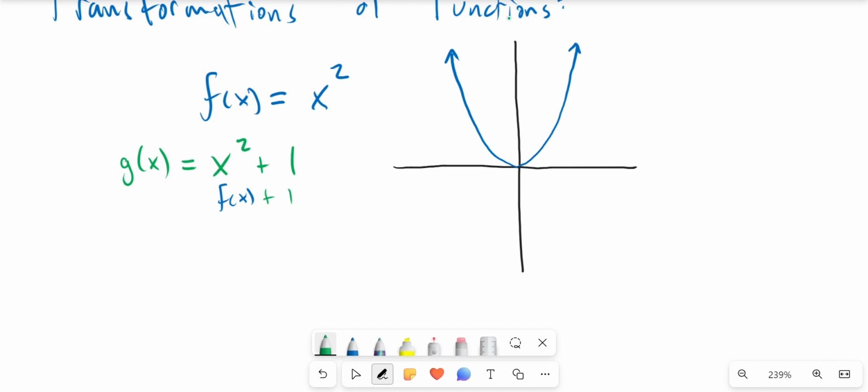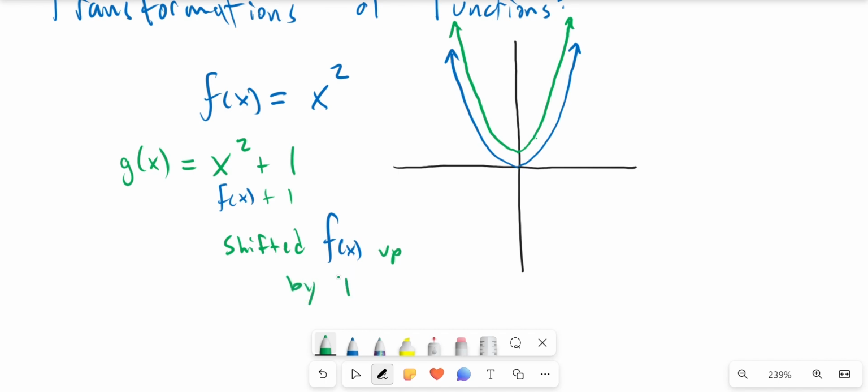Well, that would take all of my y values, all of my outputs, and increase them each by 1. So 0 would go up to 1, and whatever 1 was would go up to 2, and we would just increase the function by 1 everywhere. So it had the effect of shifting it up by 1. So this shifted f up by 1.